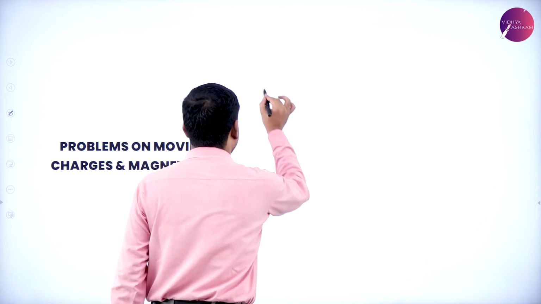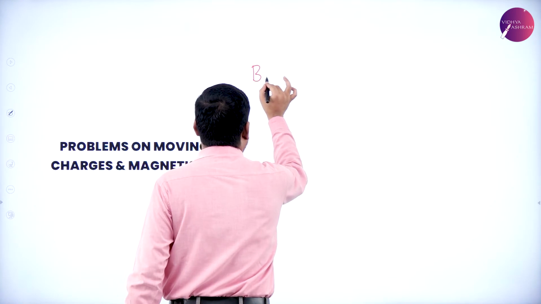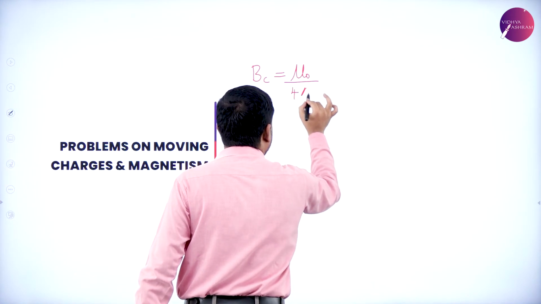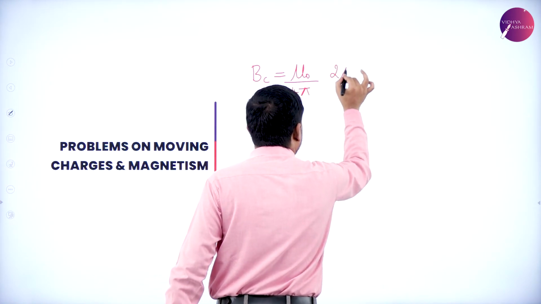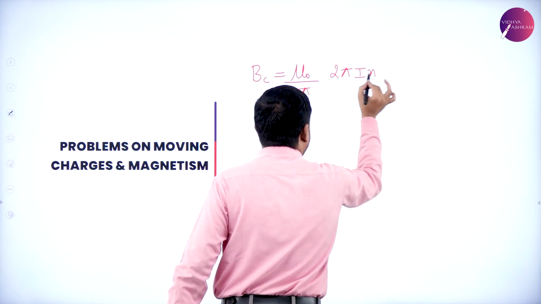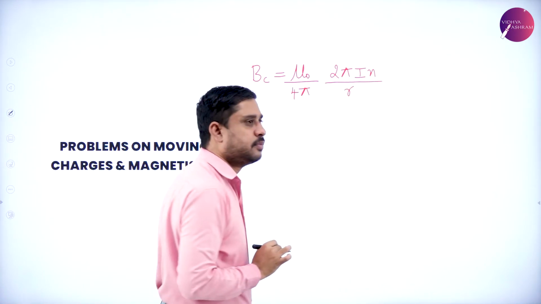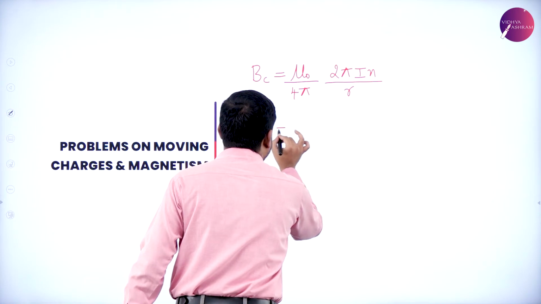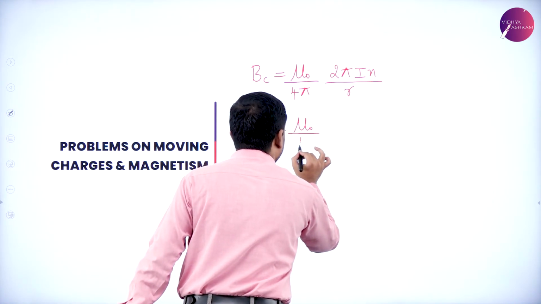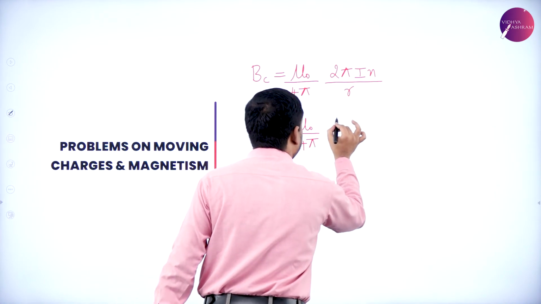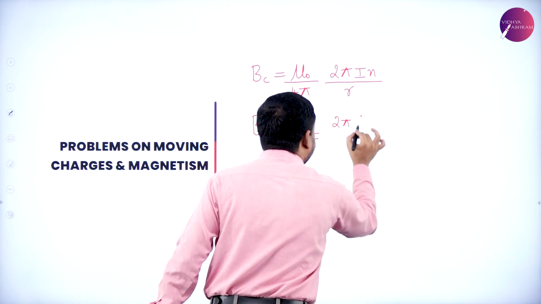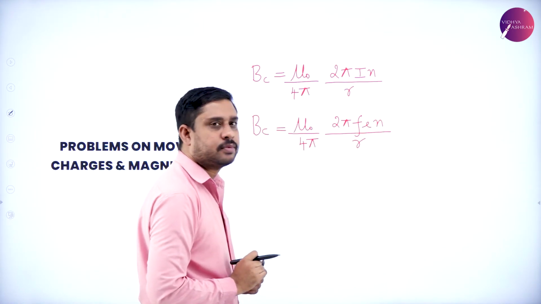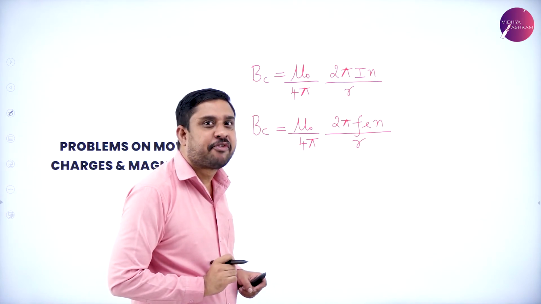Again we know the magnetic field at the center is mu naught by 4 pi, 2 pi I N by R. Now I is F into E, N by R. What is the magnetic field at the center?